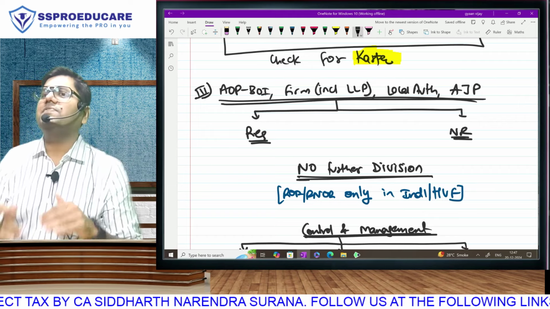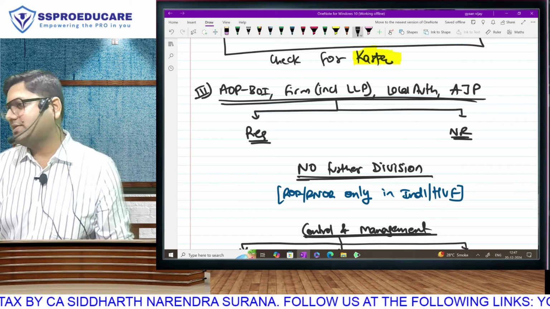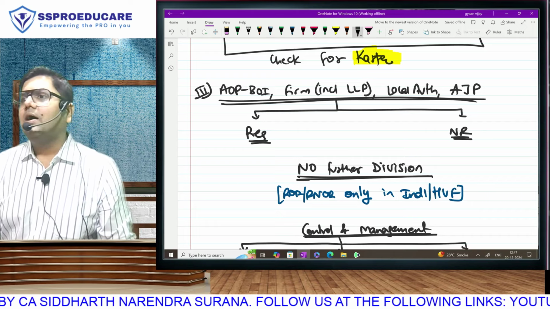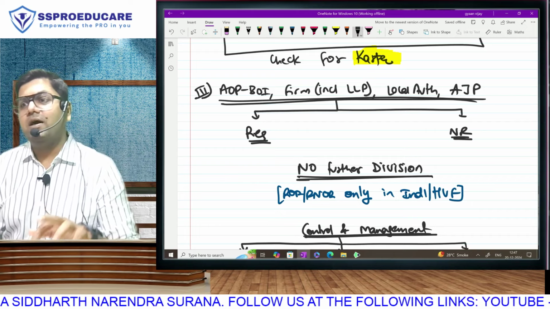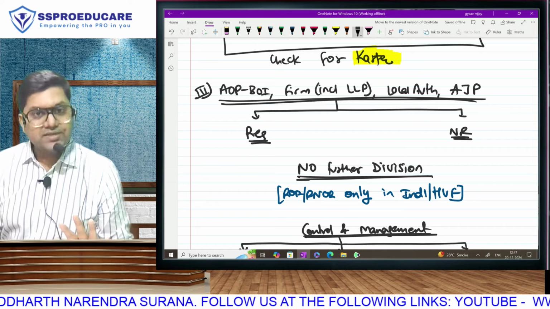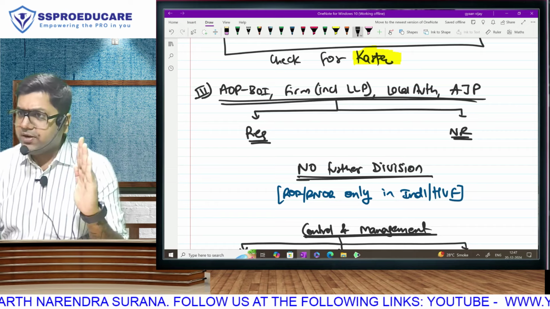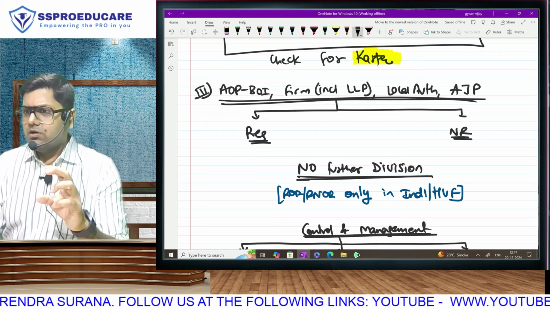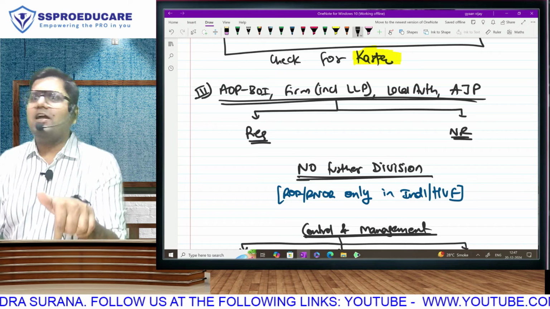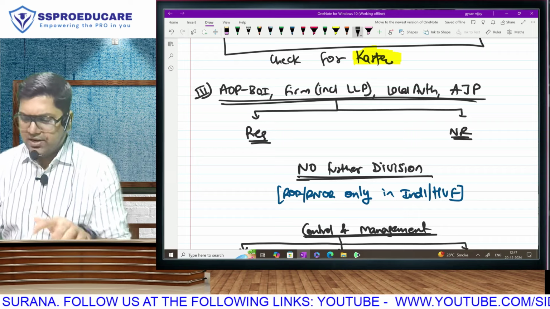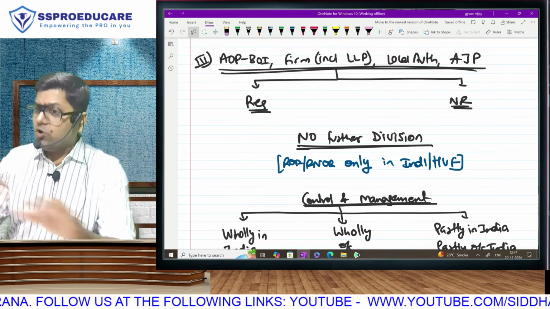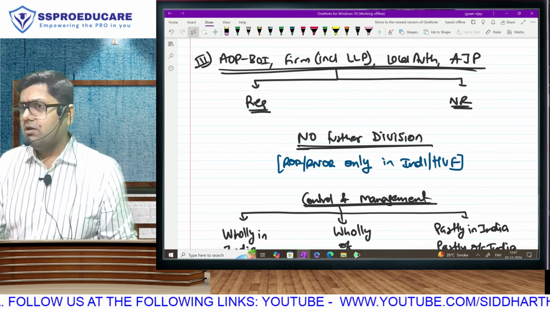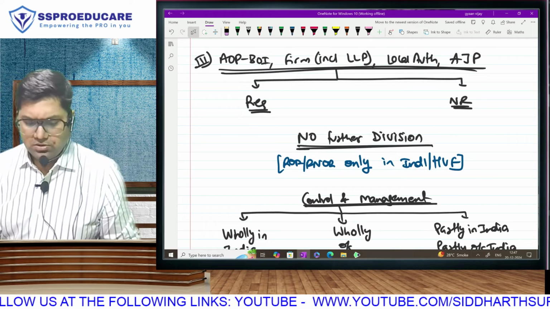Just that HUF has one extra step. What is that extra step? ROR, NOR, which exists only under individual and HUF. Is that clear? So the individual rules were completely different, so we had to do it separately. The HUF rule was only separate to the extent that it has ordinary, not ordinary. Still we did it separately. But in these 4, there is no difference at all. Everything is same. And therefore we are doing them together.